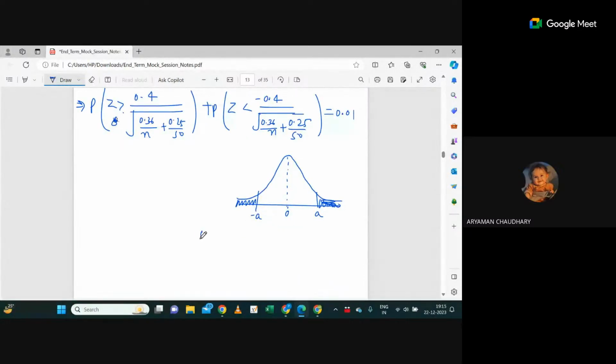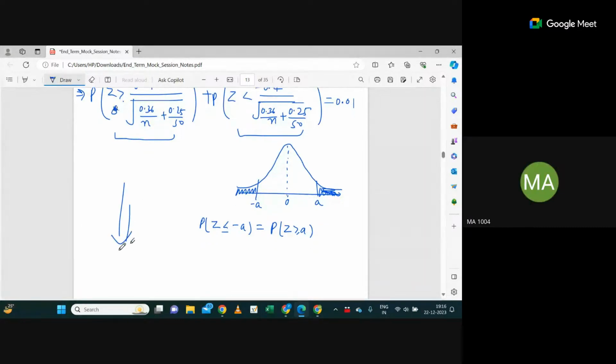That means probability of Z less or equal to minus A is the same as probability Z greater or equal to A. Suppose this whole part, 0.4 divided by square root of 0.36 divided by n and so on, is A. Then this part is the same as this one, and we can equate them because of symmetry.